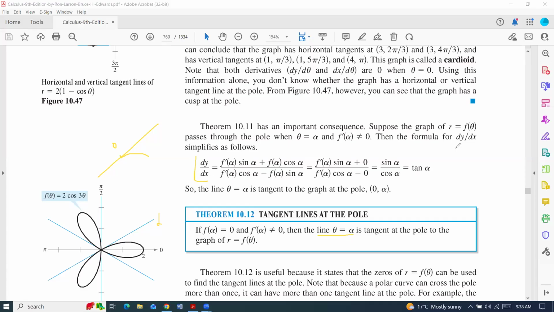So the point of this theorem is if you have dy over dx, as dy over d theta. Remember last time we had the definition of derivative in parametric coordinates.